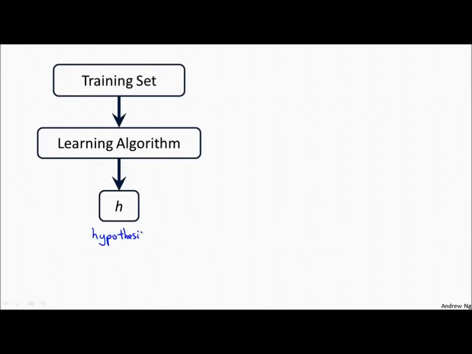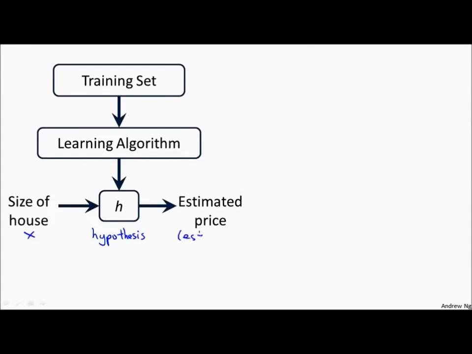The job of the hypothesis is to be a function that takes as input the size of a house, maybe the size of a new house that your friend is trying to sell, so it takes in a new value of x, and it tries to output the estimated value of y for the corresponding house. So h is a function that maps from x's to y's.